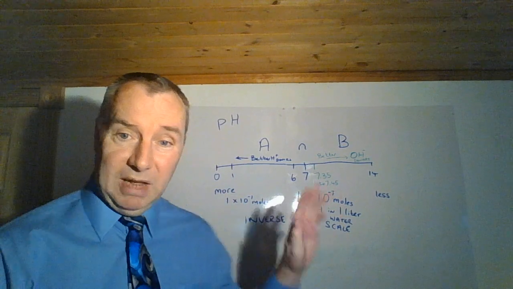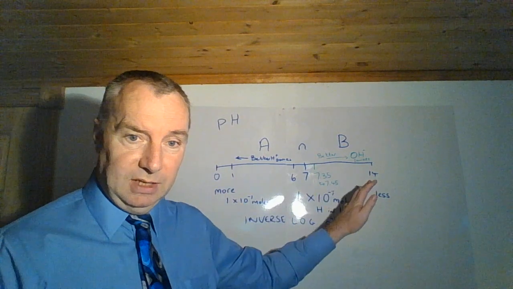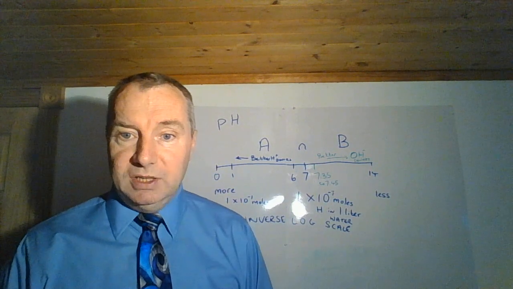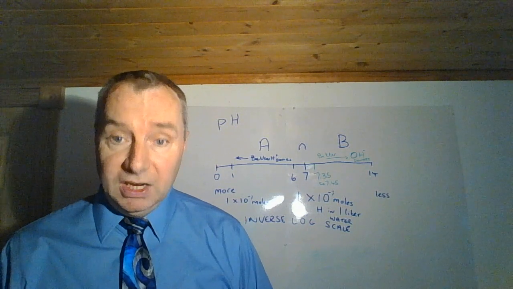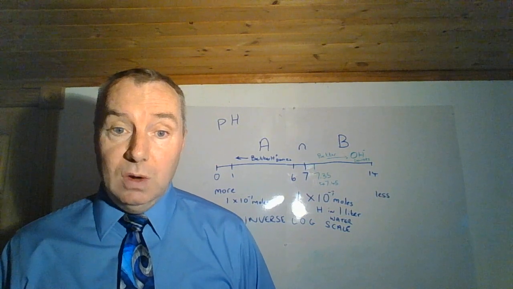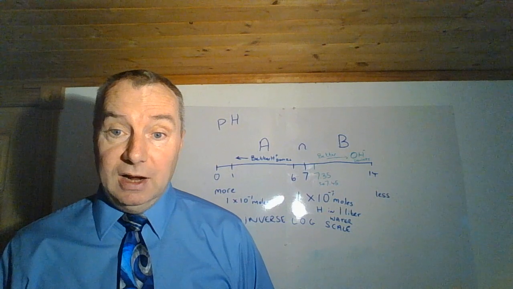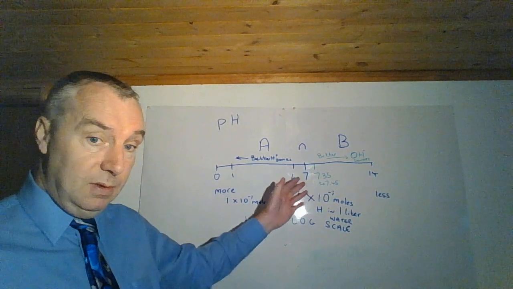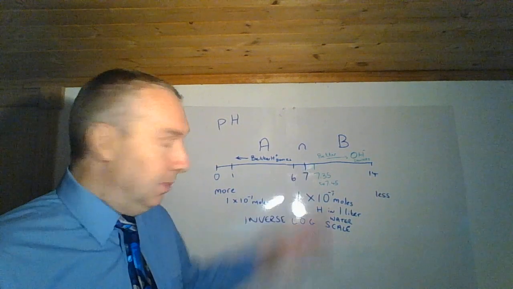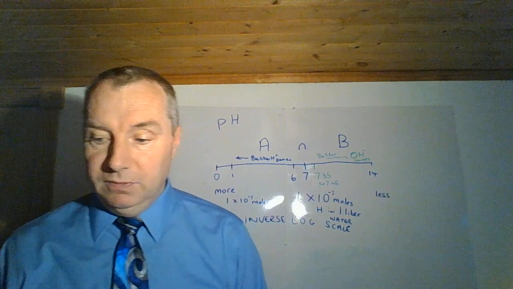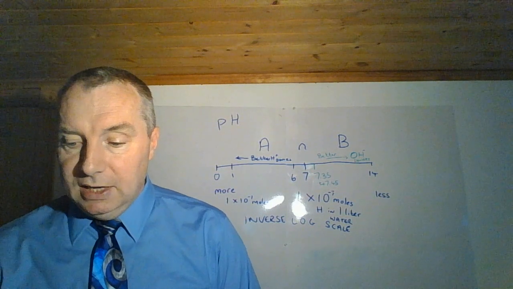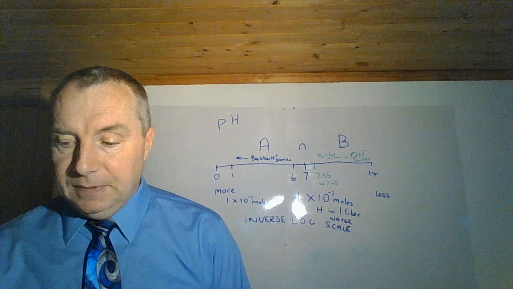So it's slightly basic and slightly over that side. If it starts to become acidic, there are things we can do. Our body does automatically to help bring our pH back up to 7.35 to 7.45.